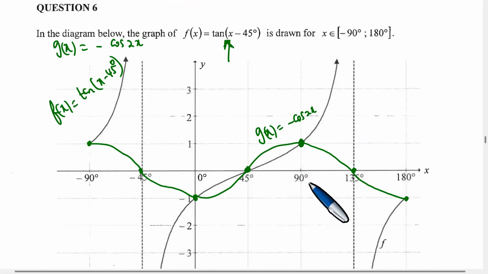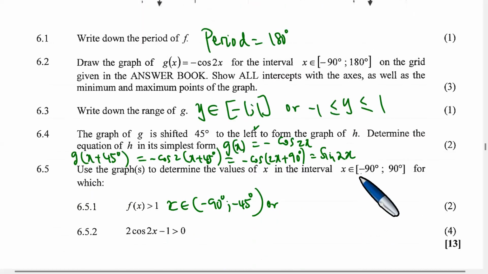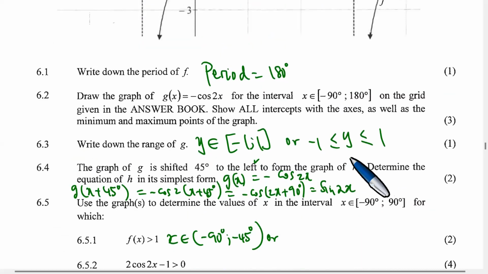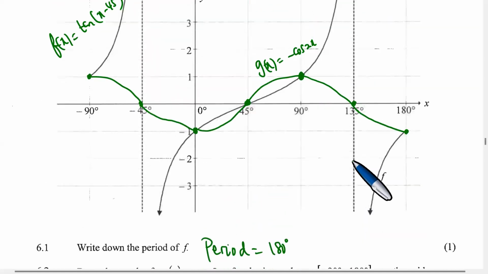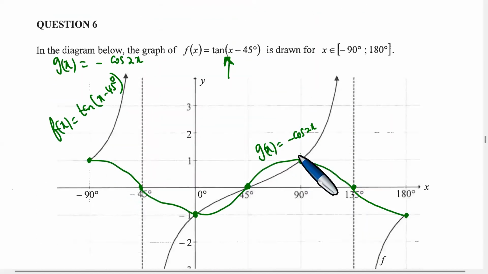So we are done because it's only here that this function is above 1. It's also going up here, but the examiner said we must look at the graphs between -90 and 90. So we don't go beyond 90. This one is out of the region of examination. So that is what we get.